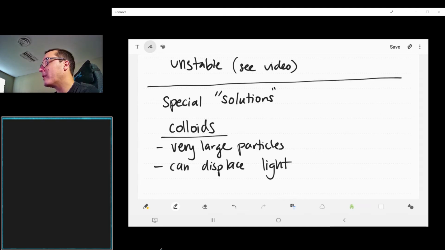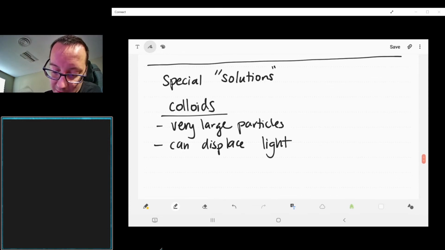What's cool about this is we can see lasers and all that through this idea. So if you go to a laser show, they put out a colloid, believe it or not, to make the lasers visible for you. So if you're at a concert and you can see the lasers, that is a result of a colloid being present.